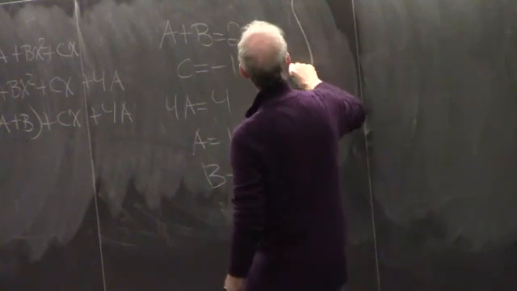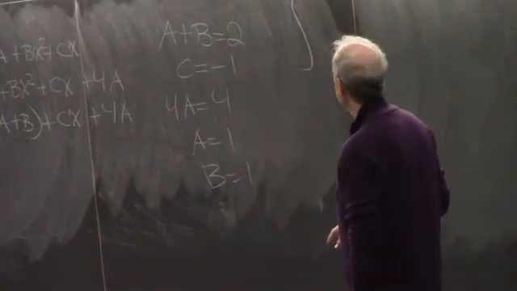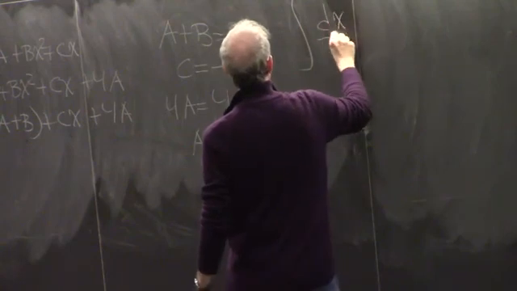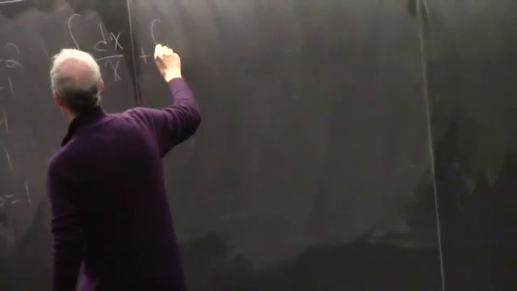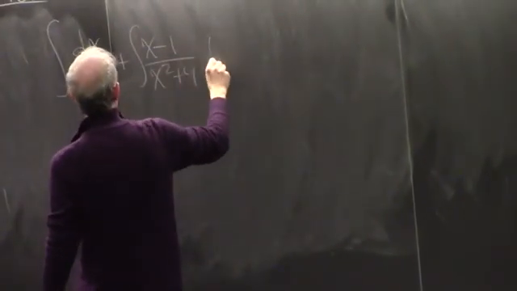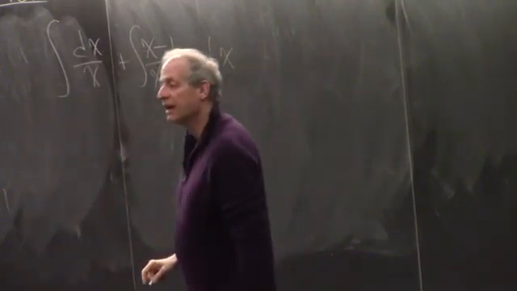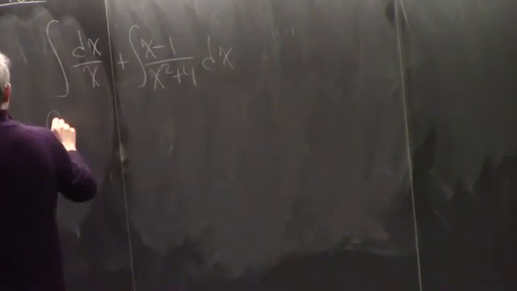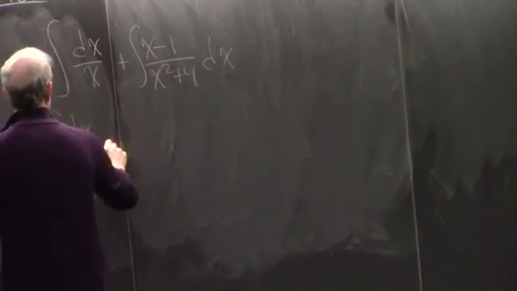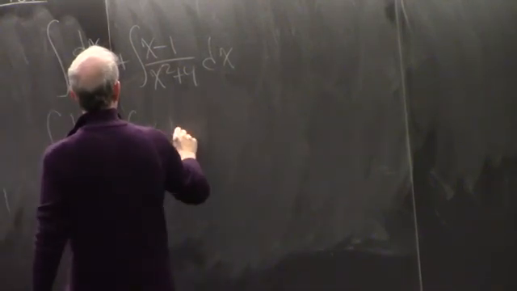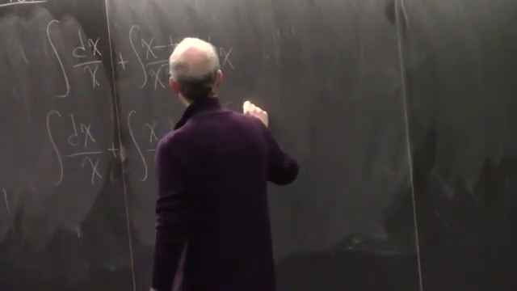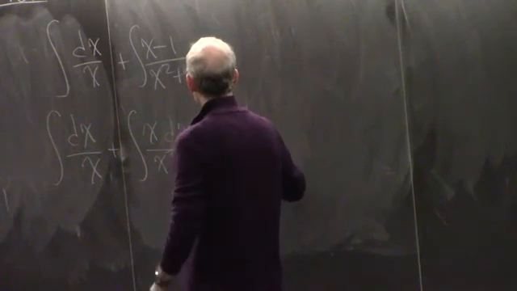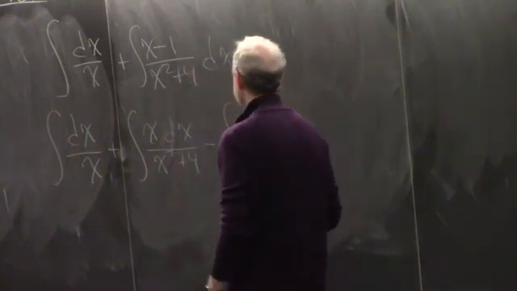So now I know I can rewrite this as the integral of 1 over x plus the integral of (x - 1) over (x^2 + 4). And I could break that into two integrals. So I have dx over x plus the integral of x dx over (x^2 + 4) minus the integral of dx over (x^2 + 4).